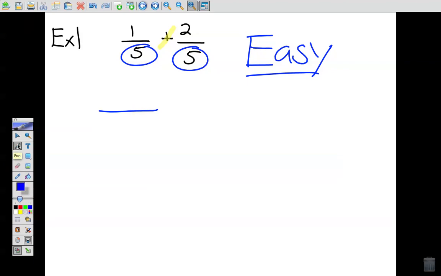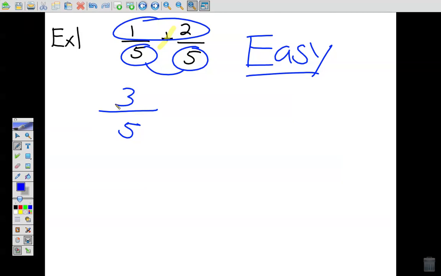Here they're adding them. Since you have the same denominator, you put your answer over that denominator. You don't add 5 plus 5. You never do that. You write down the common denominator, and then you add the top numbers. Since it's an addition problem, you add those together. And we have 3/5.